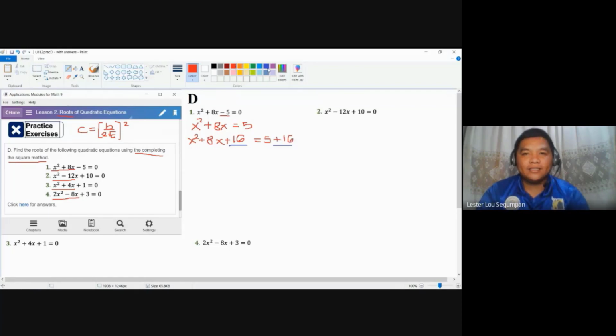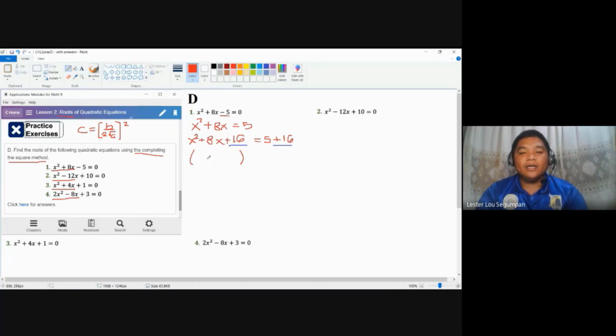Now that we have this, we can express it as a square of a binomial. And how do we do that? In the previous video we also have a method in determining whether this is already a perfect square trinomial, so let's skip that one. You might want to get back to the previous video.